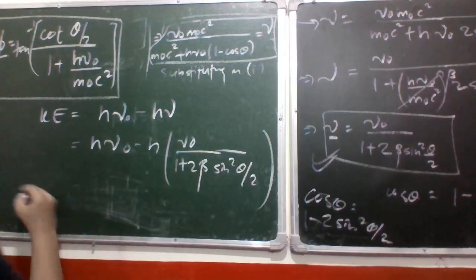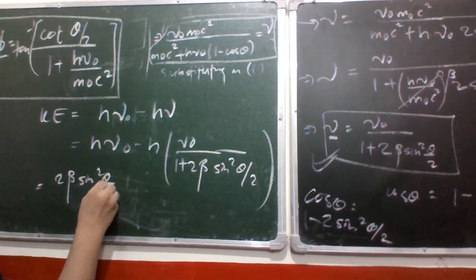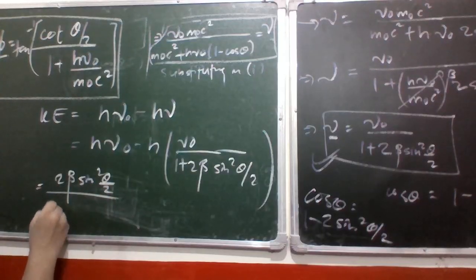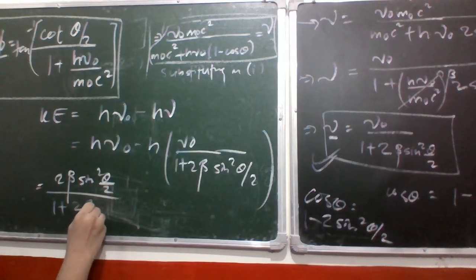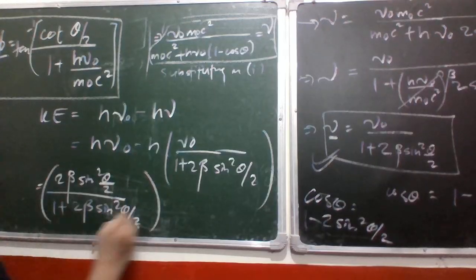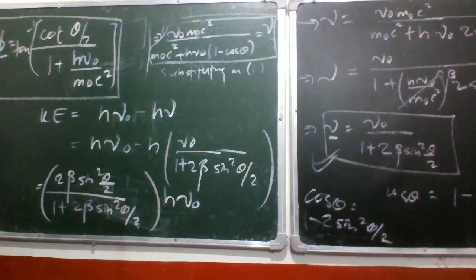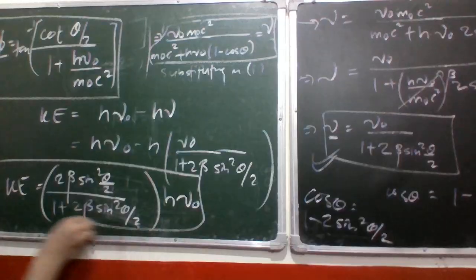So I will be left with 2 beta sine square theta by 2 by 1 plus 2 beta sine square theta by 2, times h nu naught. This is the kinetic energy of the recoiled electron.